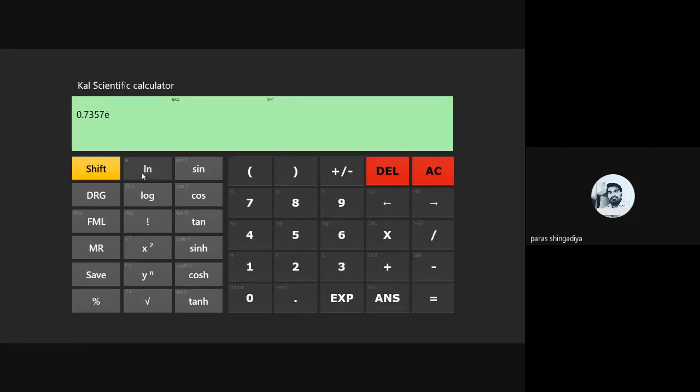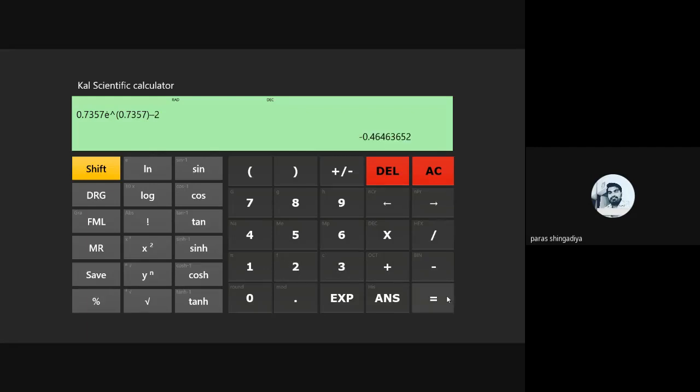So e with the power 0.7357, make it minus 2.